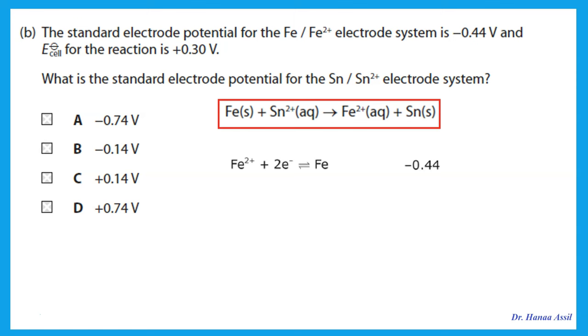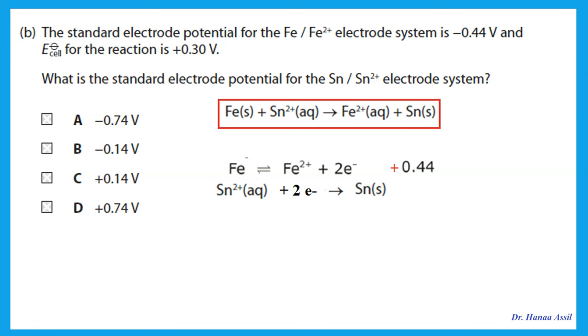Of course, what is actually happening is oxidation, so we need to invert this equation, and that means we need to invert the sign of the E cell. The other half equation is the tin 2+ going to tin, so we're going to invert the iron. This is now plus 0.44.